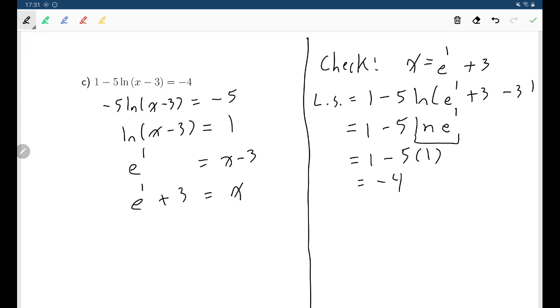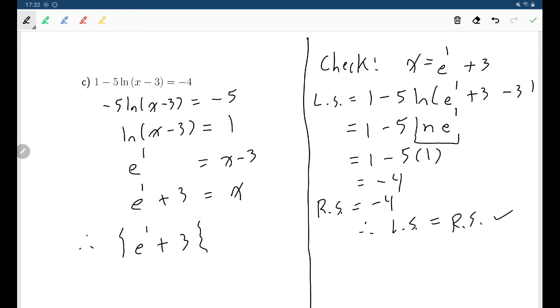And there we go. That is equal to negative 4. And the right side of my equation also was negative 4. So indeed, left side and right side are equal to each other. So that means that my solution set does contain just that single value, e to the 1 plus 3.